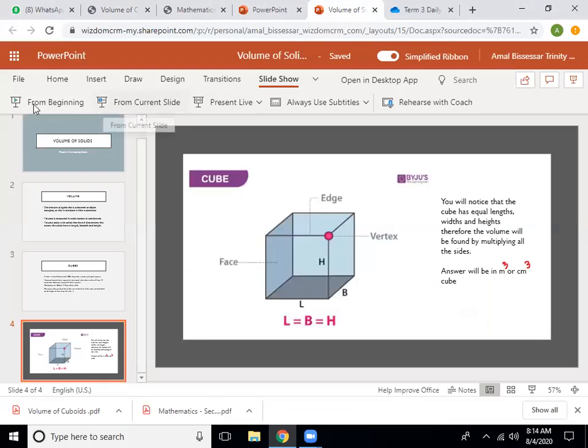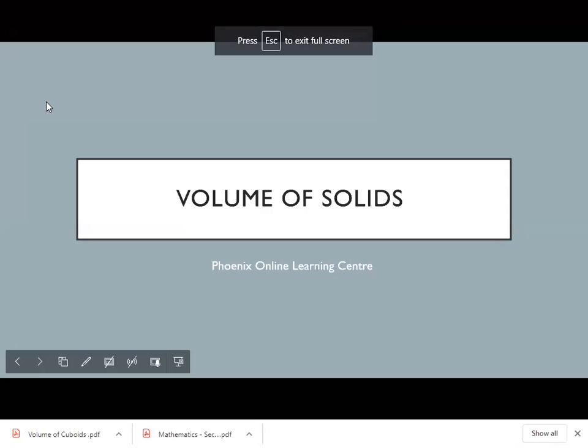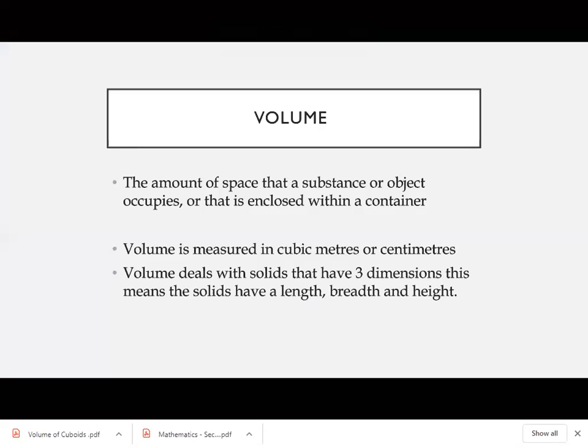So, first of all, what is volume? The volume of anything, when you talk about volume, volume is the amount of space that something occupies. So if I am talking about a bucket or a cuboid or a bottle, it is dealing with the amount of space that it occupies.